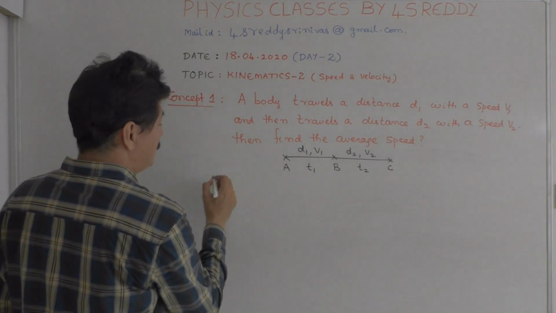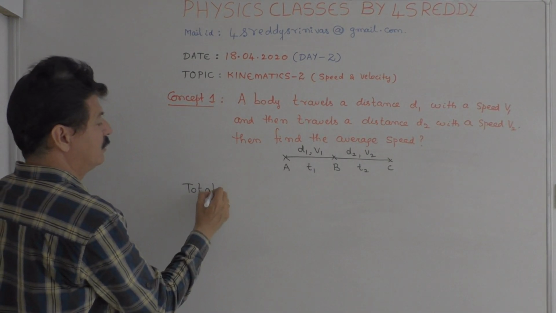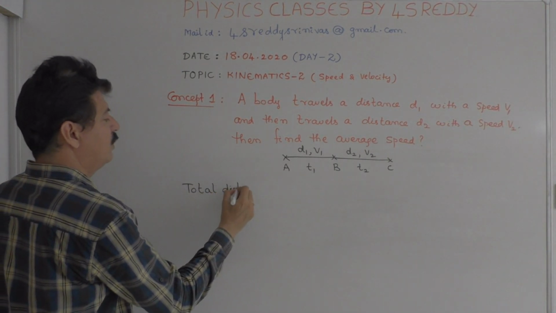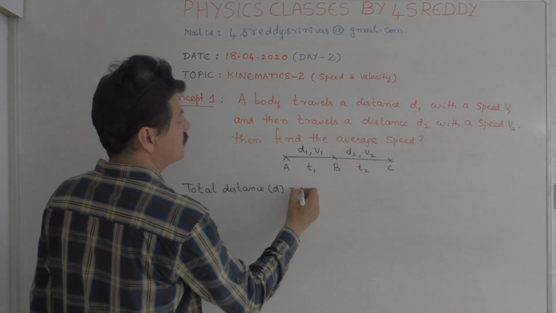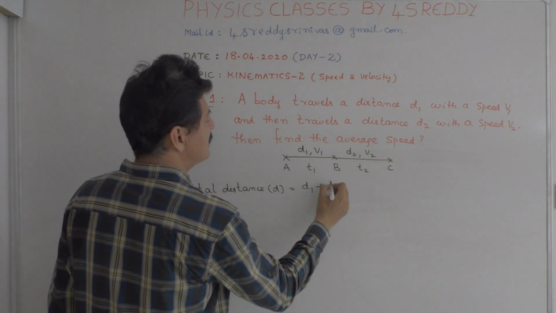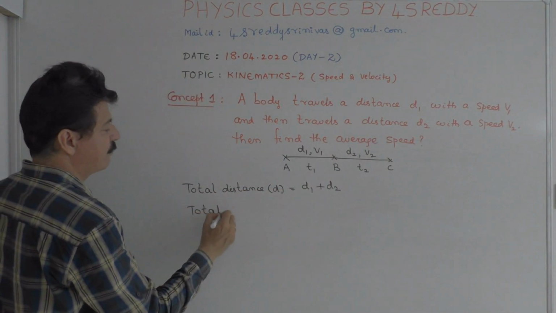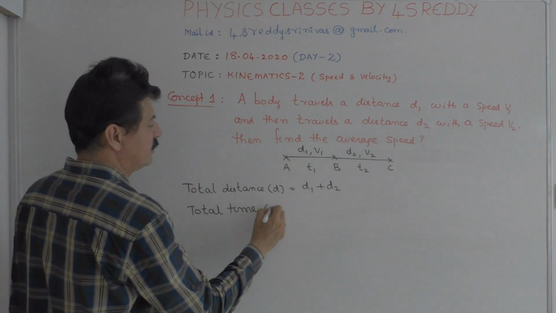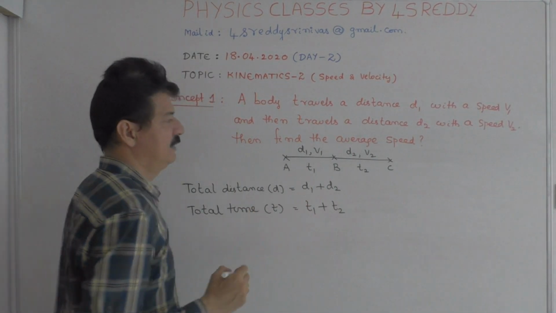Now, first of all, what is the formula for total distance? Total distance is nothing but D is equal to D1 plus D2. But what is the total time? Total time T is equal to T1 plus T2.